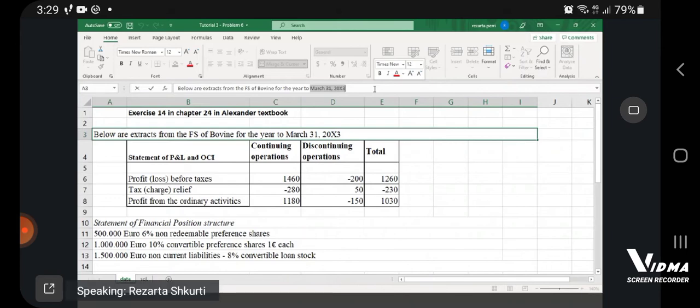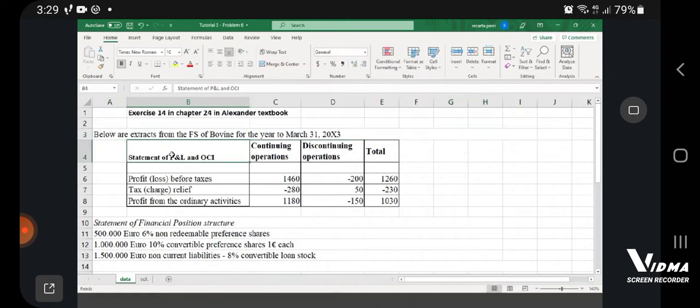This company starts its activity on 1st of April and completes the accounting activities on March 31st of each year. We have some data from the statement of profit and loss and other comprehensive income, and they are declared into two different panels, let's say, continuing and discontinuing.